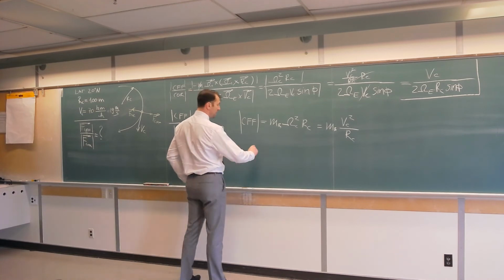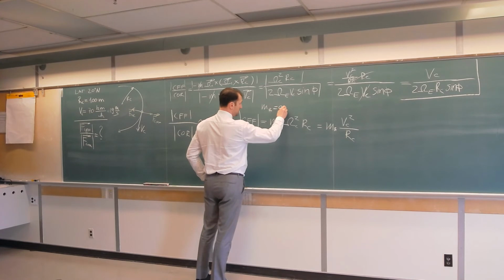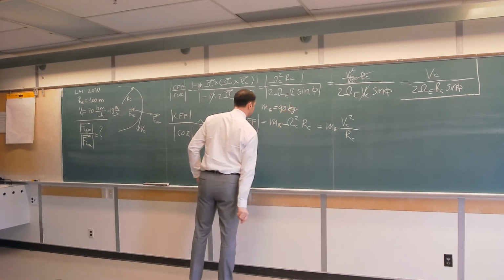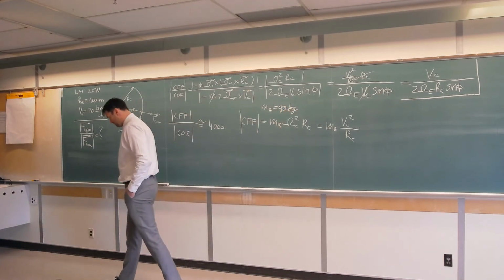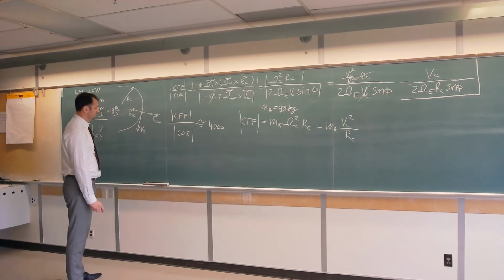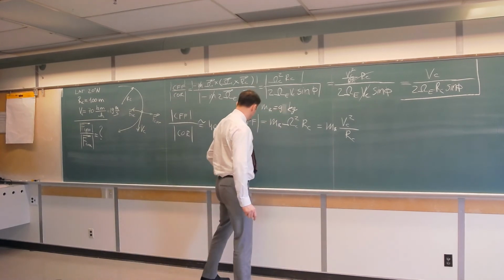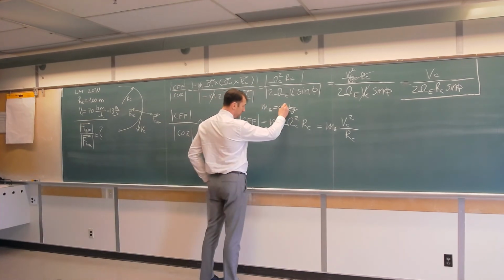For example, in my case, mass of my body is 90 kilograms. It's really 97 kilograms.